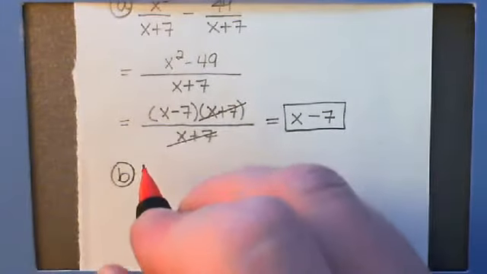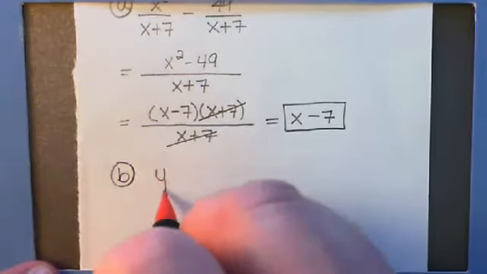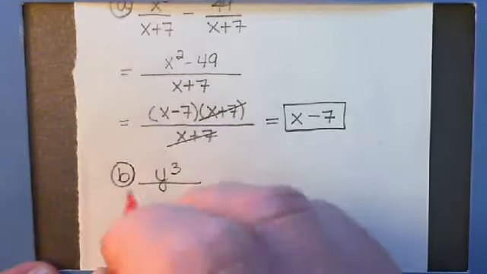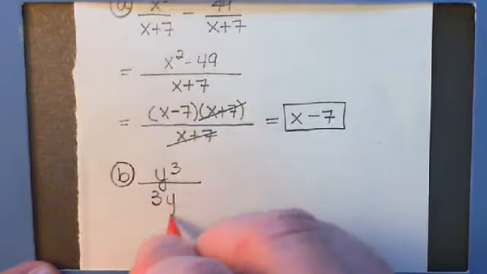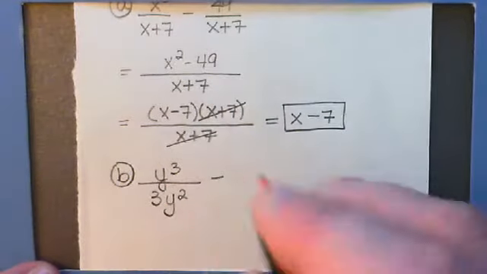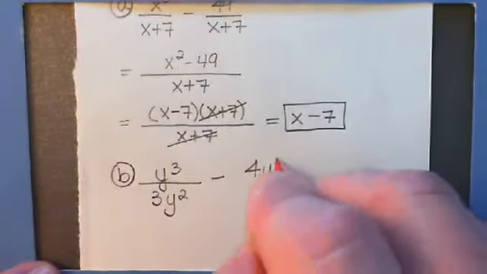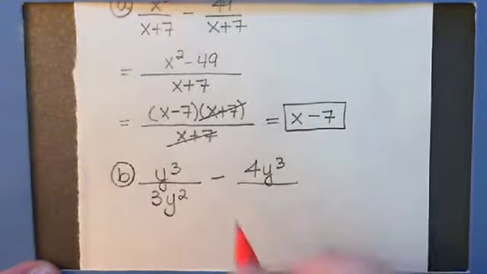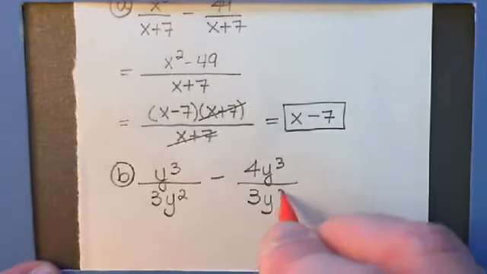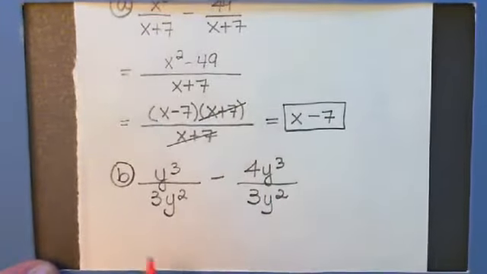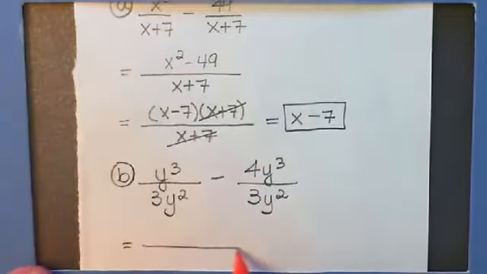So basically, let's say we have y cubed divided by 3y squared subtracted by 4y cubed divided by 3y squared. Okay, denominators are the same, so that means that we can write under the same denominator, which is 3y squared.